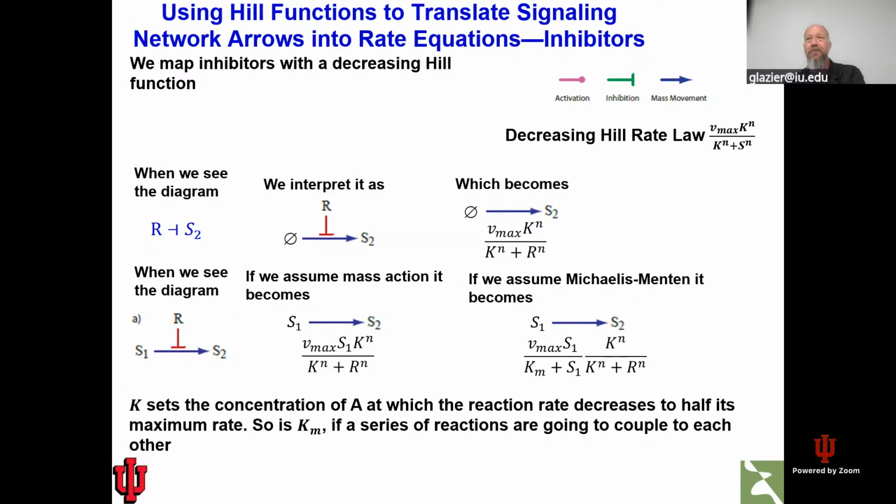This will work for signaling and gene regulatory networks. For metabolic networks, in general, we have to worry about actual chemical transformation. The bottom one here is thinking about a chemical transformation by an enzyme, so this would be more like a metabolic network. S1 is becoming S2, and the rate of production of S2 is inhibited by the presence of an enzyme R. That's possible.